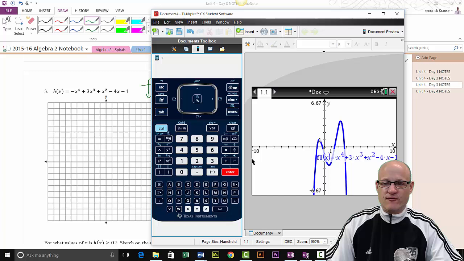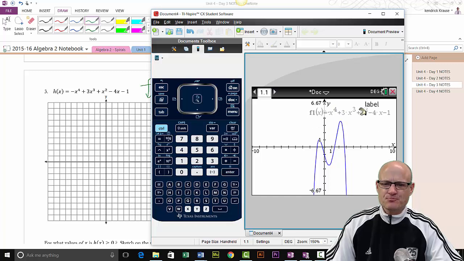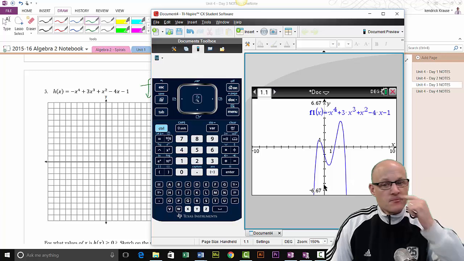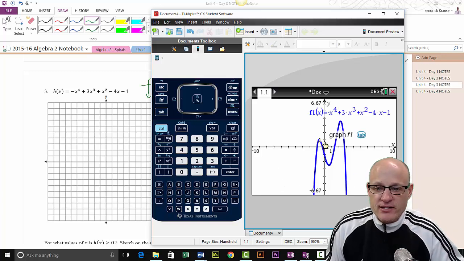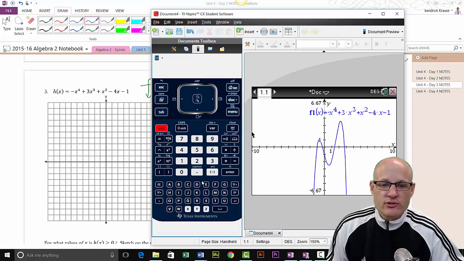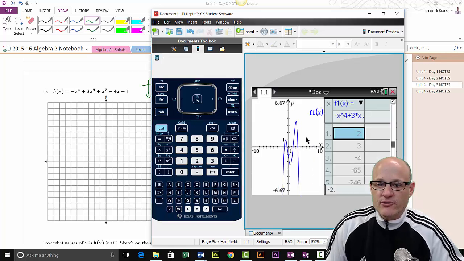Oh, look at that crazy function. But notice we knew it was going to be coming down, both directions going this way. So we kind of knew that was going to happen. We should get a sense of what this looks like. So let's get these points. Let's go to the table. Control T. We got to get a few points that make sense.